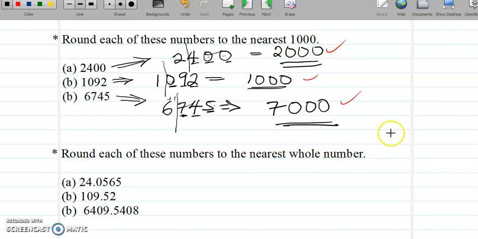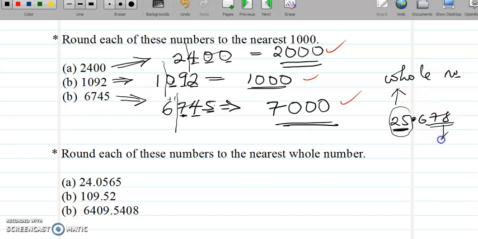Now, whole number: if I have a number like 25.678, any number that is before the decimal point is what we call the whole number. Any number that is after the decimal point, we call that a decimal fraction.